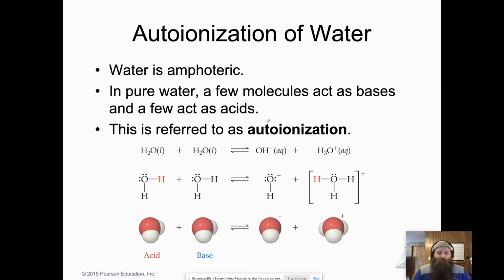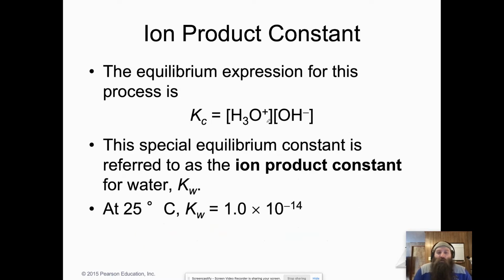Now, because we have this situation, we can express that using the equilibrium expressions that we've already learned. So we can say that K, in this case Kc, is equal to hydronium concentration times hydroxide concentration. Now, this is a really special equilibrium constant, okay? It's called the ion product constant. It's got a name, right?